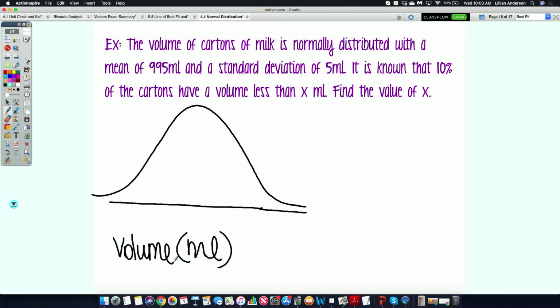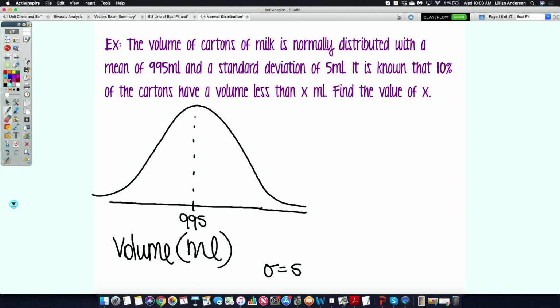We have a mean of 995 milliliters and a standard deviation of 5.